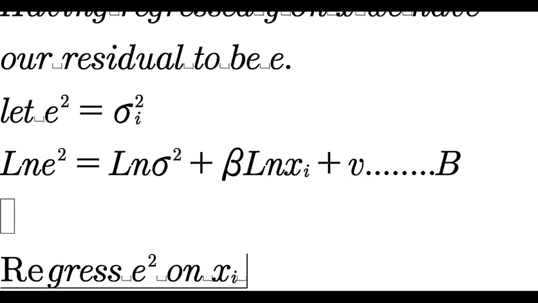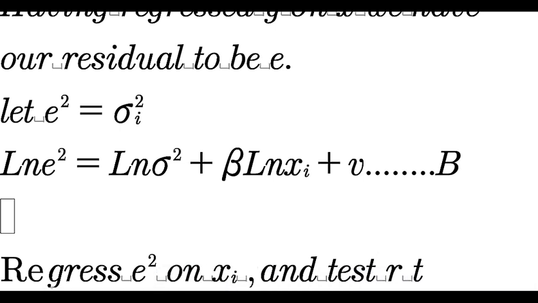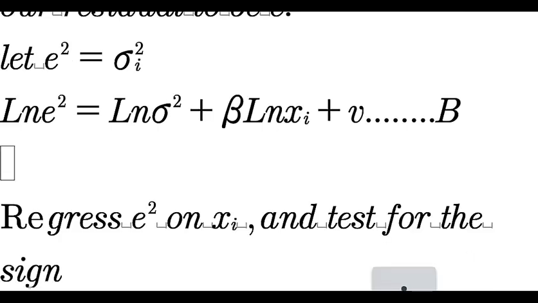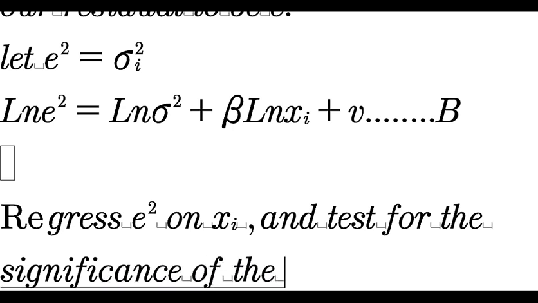So after we regress the squared residual on Xi and test for the significance of the beta, how do we do this?